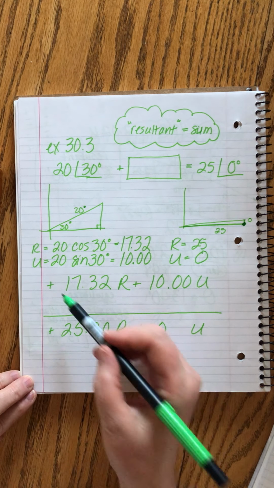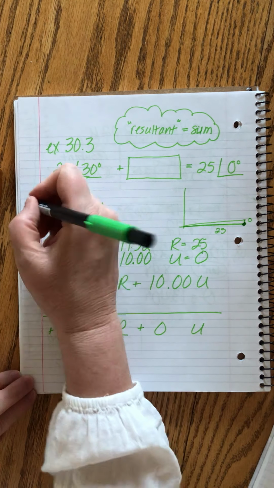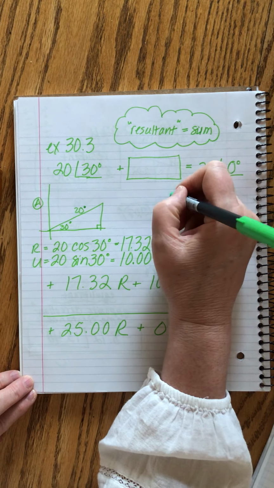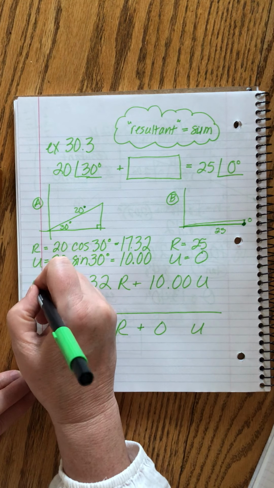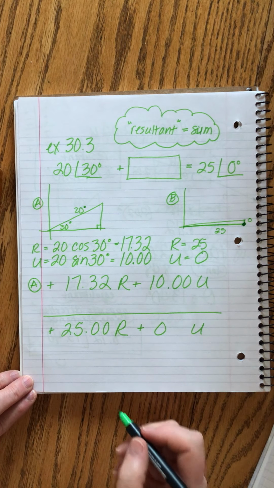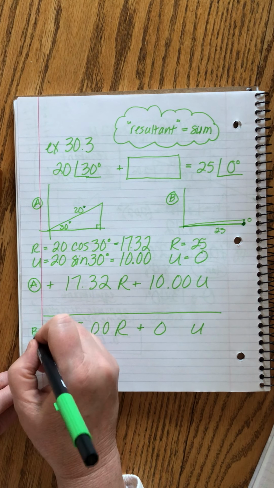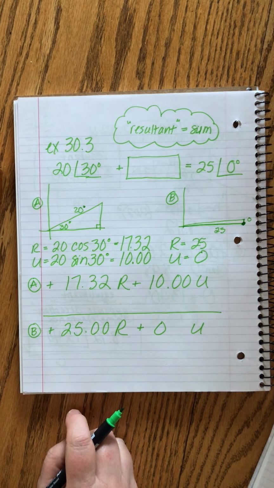Does that make sense? If we call this triangle A and this triangle B, then we know that A plus something else has to equal B. See how I've put those into this?